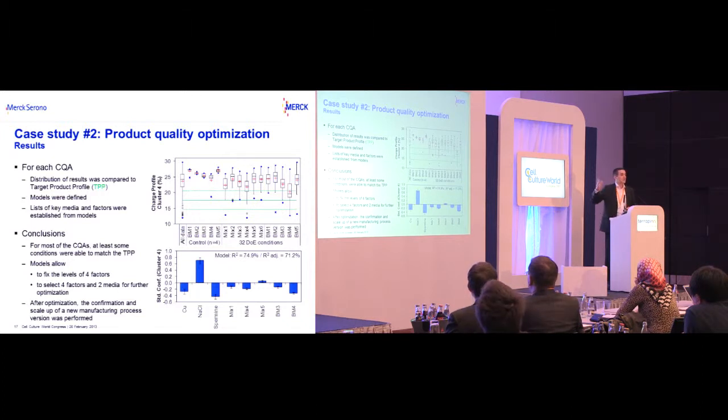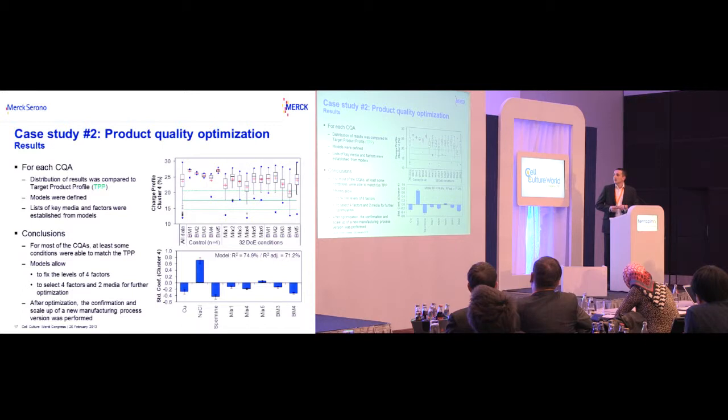I will only show you the result for the charge profile and for the cluster 4. So the peak 4 is kind of a basic isoform of the molecule. You have here all the data obtained over the 400 conditions, so it's a broad range of results. And here first you have the control, replicates of the basal medium. You can see very small variation.